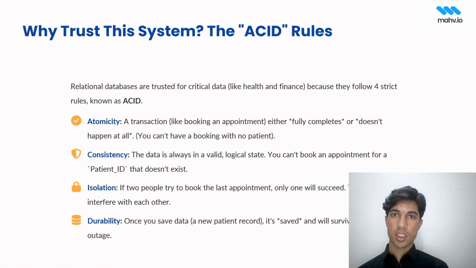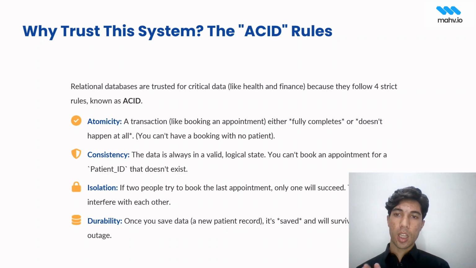Okay, the next thing is, why do we trust this system? Relational databases are trusted widely for critical data like health data, finance data, etc., because of four main reasons. There are four rules that they follow. The first one is atomicity.